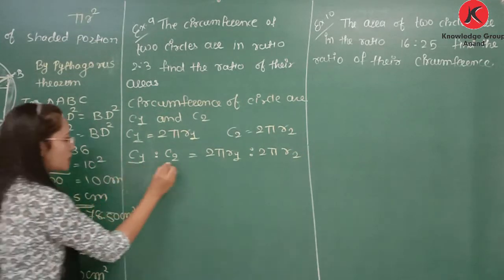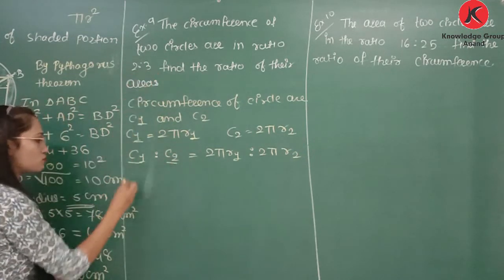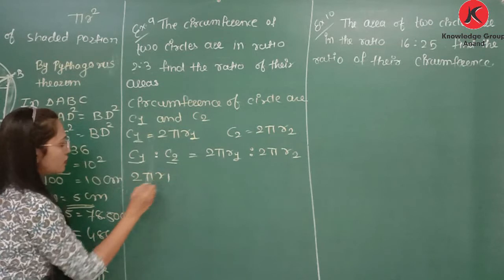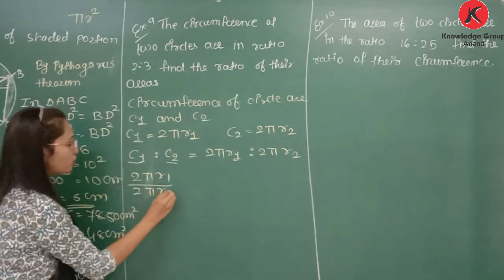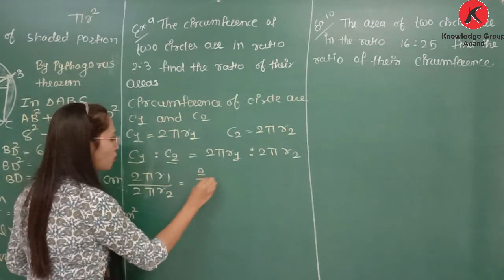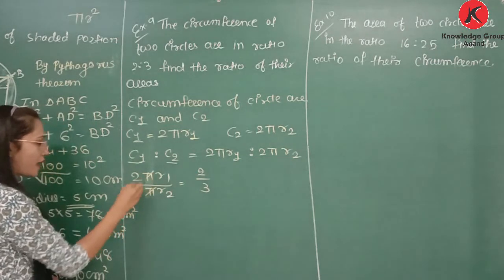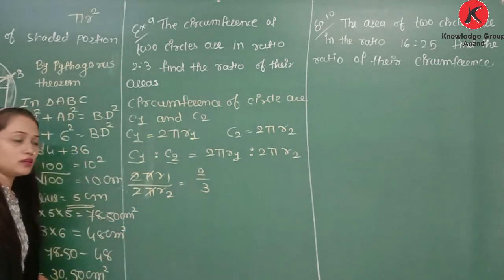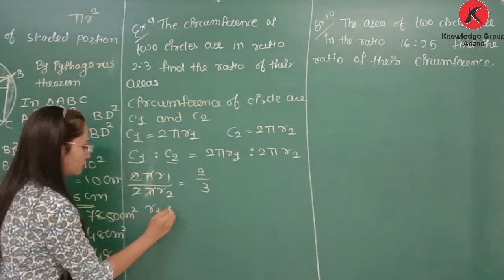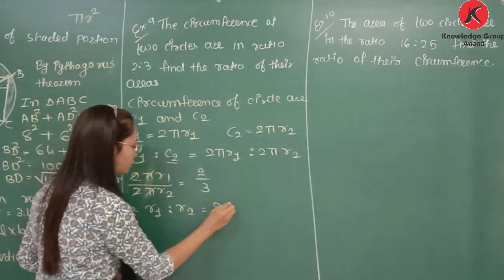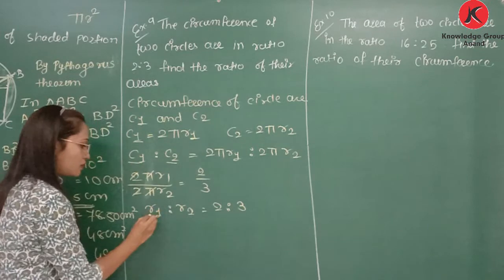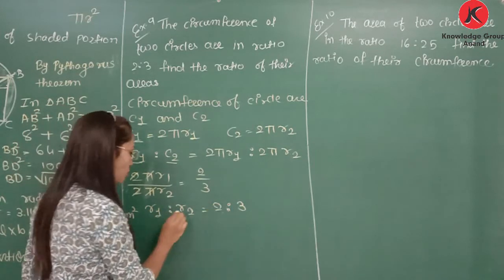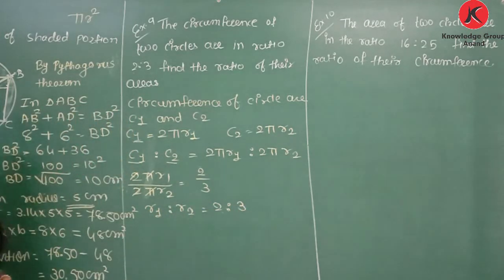The ratio of C1 and C2 is given as 2:3. So we can write 2 pi r1 divided by 2 pi r2 is 2 by 3. We can cancel pi, so r1 divided by r2 is equal to 2 divided by 3. It means r1 can be considered as 2 and r2 as 3.